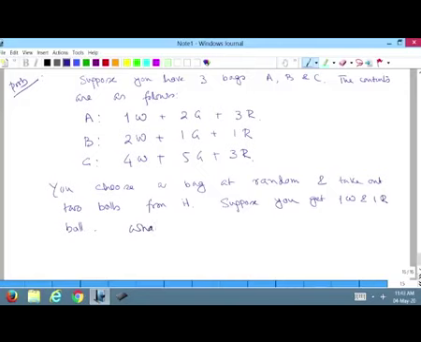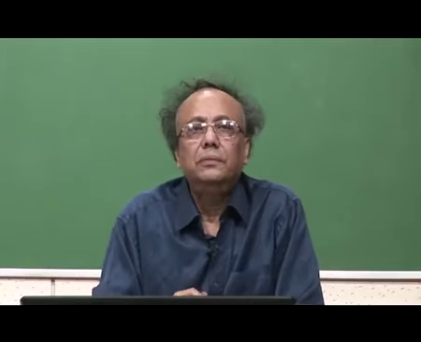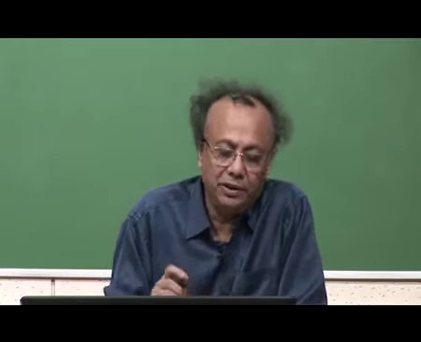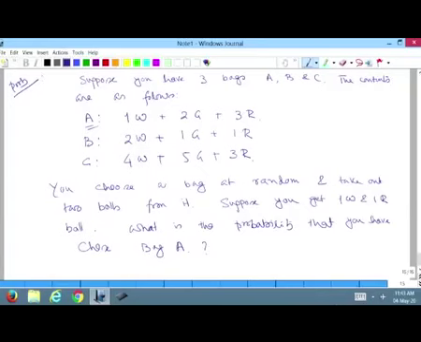What is the probability that you have chosen bag A? Again you understand that we are again computing the a posteriori probability of the bag A, given that you have chosen one white and one red.